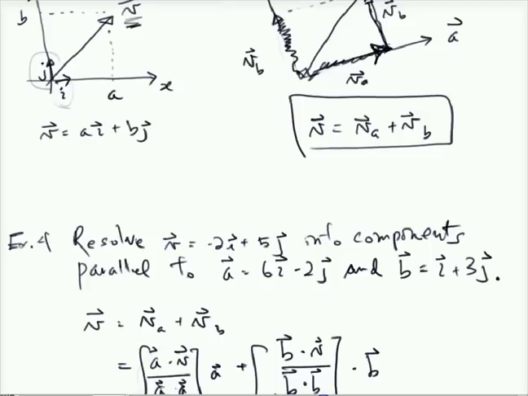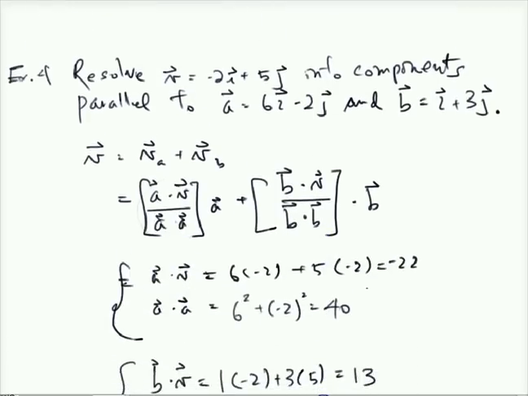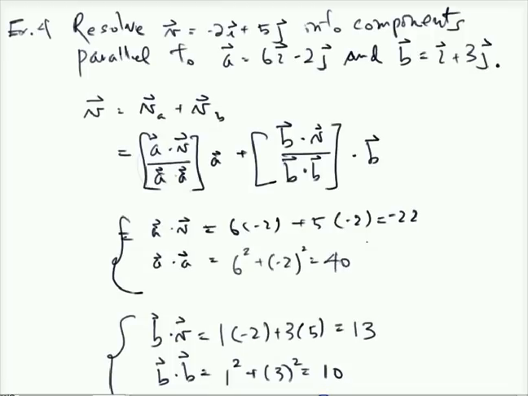That's the expression. The way we're going to do this is to resolve the vector v into components parallel to vectors a and b, and we've defined what they are. Using the relationship that we just derived and applying the formula, we get this relationship.